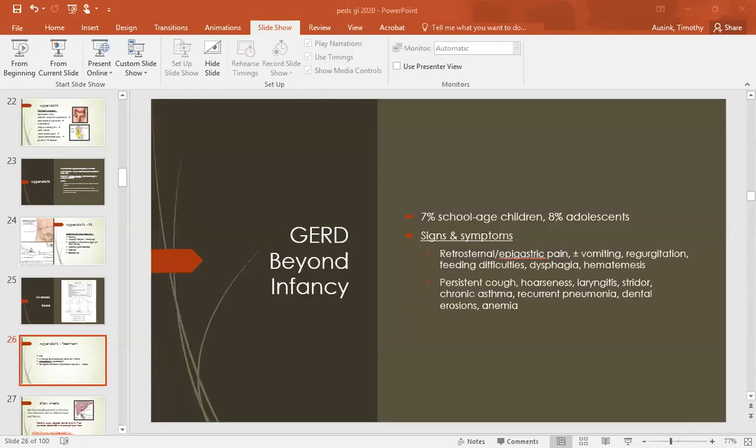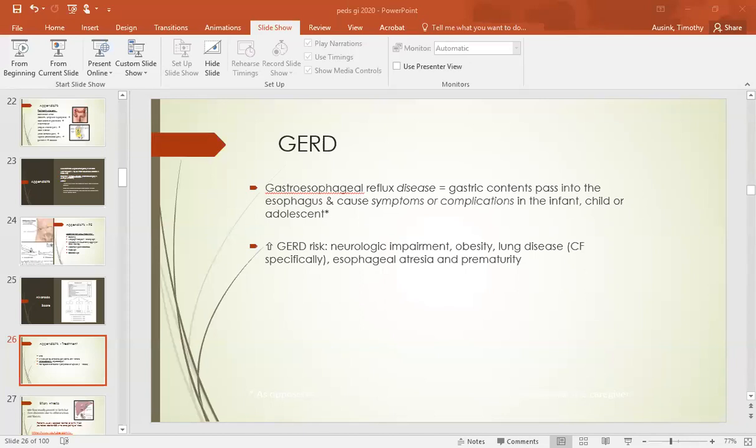So a few slides ago, you talked about how GERD is a complication of CF. Is that because the pancreas is compromised? And one of the pancreas's chief roles is to release bicarb to neutralize the acid. I'm guessing maybe. I honestly don't know. I've never really looked at the link to that, but that would make a lot of sense, right?